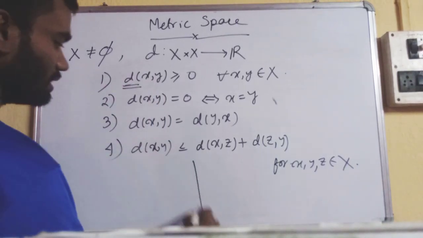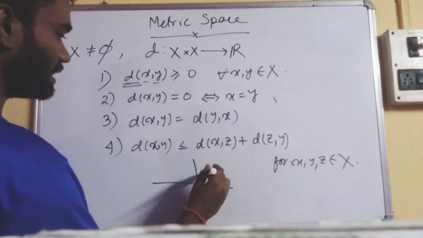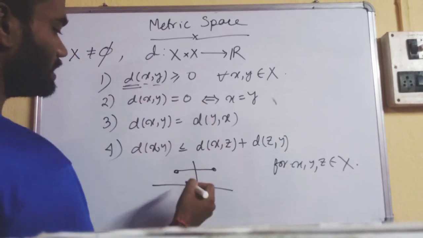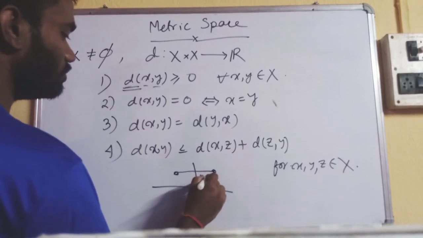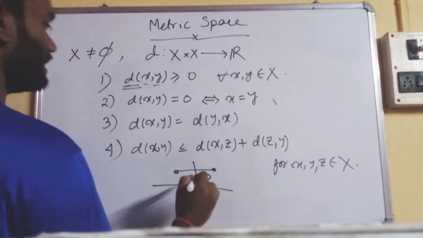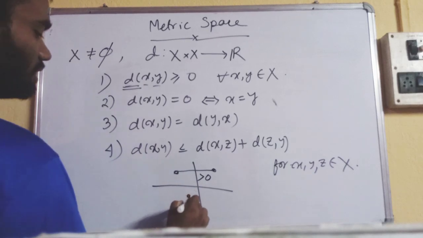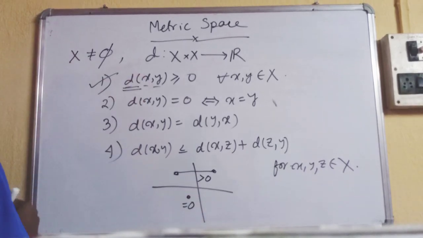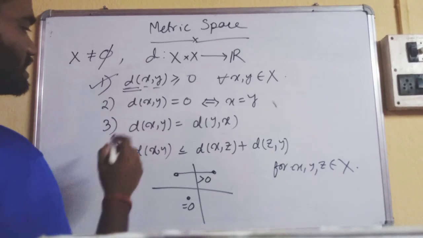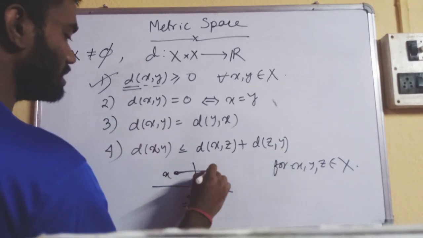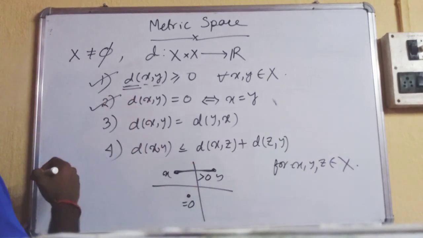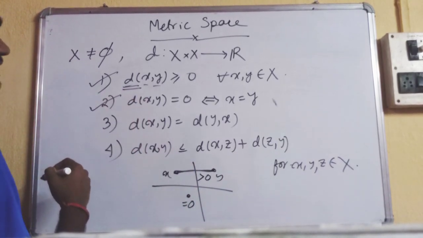If I take any two points x and y, the distance between x and y is always either greater than 0, or if they coincide, the distance between them equals 0. So, number 1 is very easy. Number 2, the distance between x and y and the distance between y and x are both the same. So, this is also a property of a metric space.